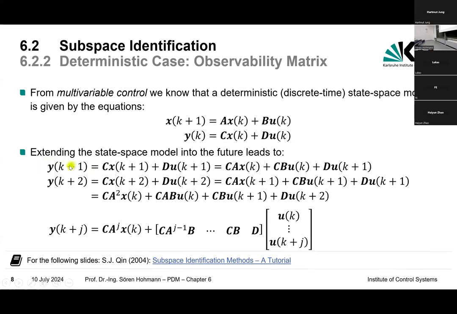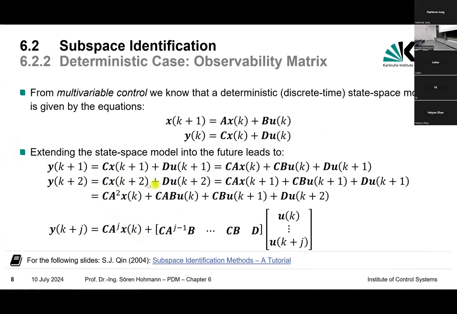We can build y(k+1), y(k+2), and so on until y(k+j). It's just repetitively inserting the state space model into the state space model, and so on, and we end up with the following nice structure. We get Cx(k+1), and then I insert x(k+1), expand the expression, and get CAx plus CBu plus Du.